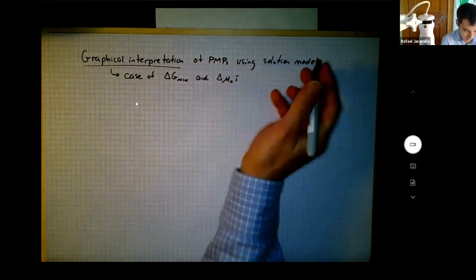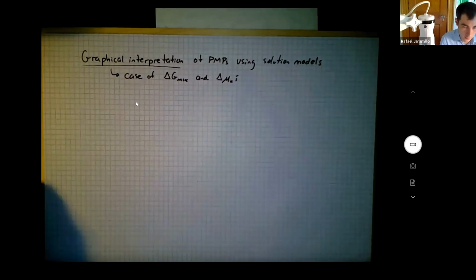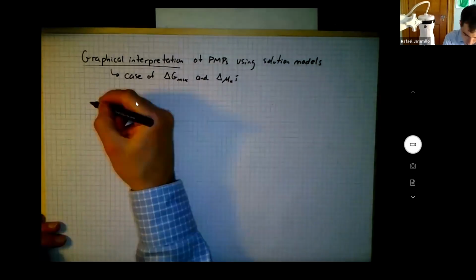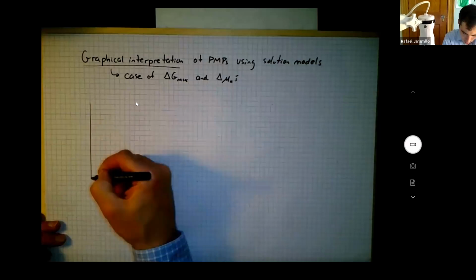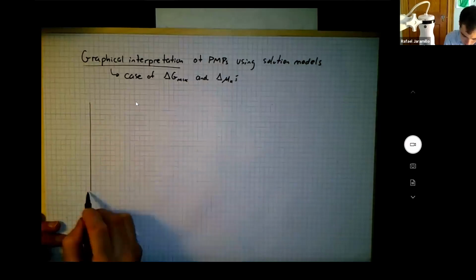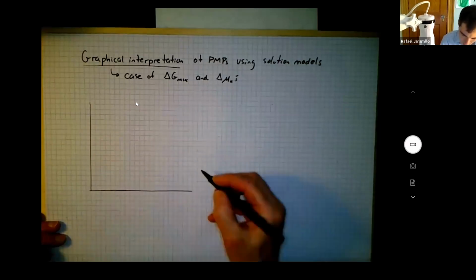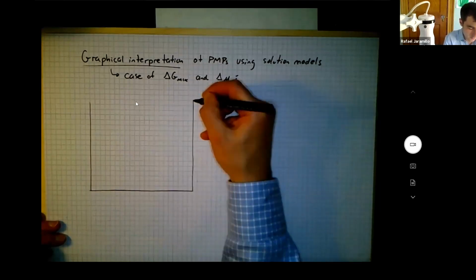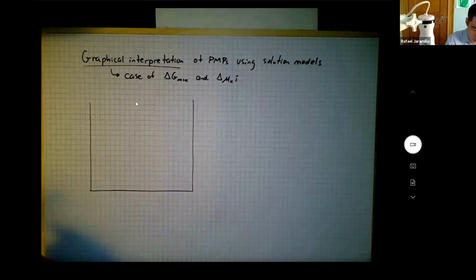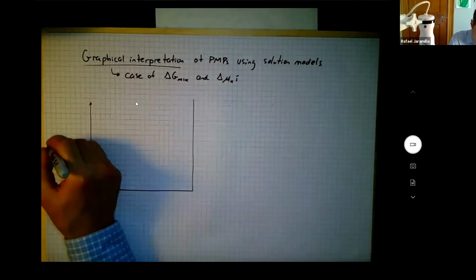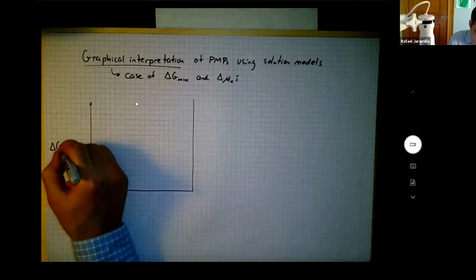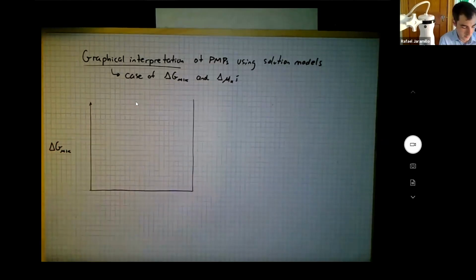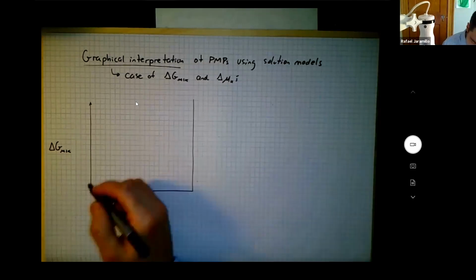So let's draw a plot. Let me show you what I mean here. Here's a solution model. I'm just going to draw anything. Imagine someone gave you this data, or you figured this out yourself.